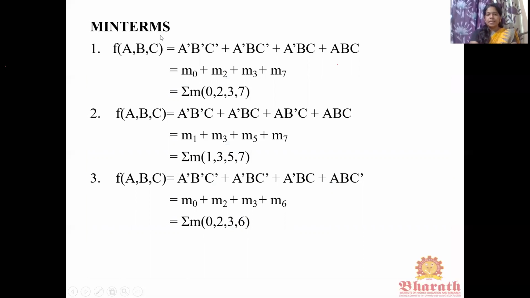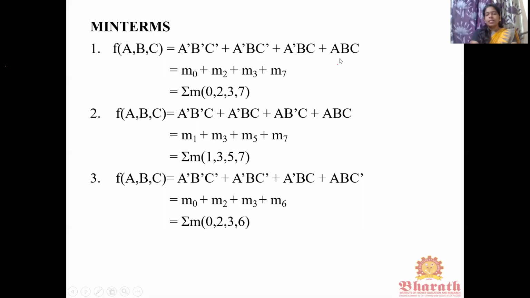In min-terms, they have given some examples. F of A, B, C, 3 literals. They have given the expression, and we have to find out the min-terms. In min-terms, complement means 0. So A complement, B complement, C complement is 0, 0, 0, m0. 0, 1, 0 is 2. 0, 1, 1 is 3.